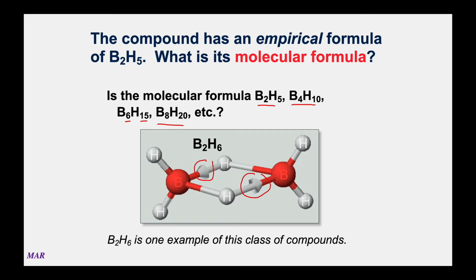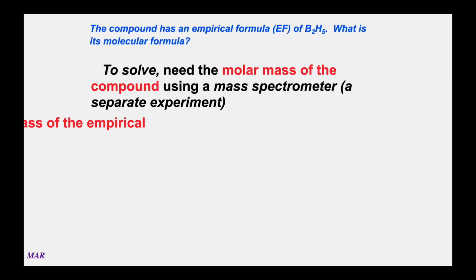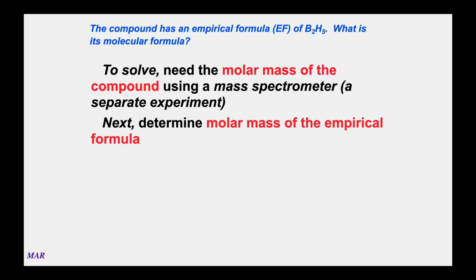Molecular formula is kind of the holy grail of this section. To figure out the molecular formula, we need the molar mass of the compound. So when we sent that sample of the stuff we found in your grandparents' garage to the chemist, they did not only a weight percent analysis, which told us it had boron and hydrogen in the sample, but we also have to do a second test.